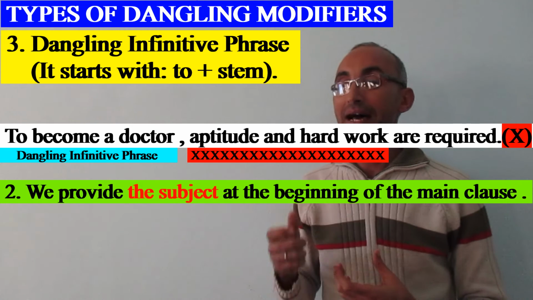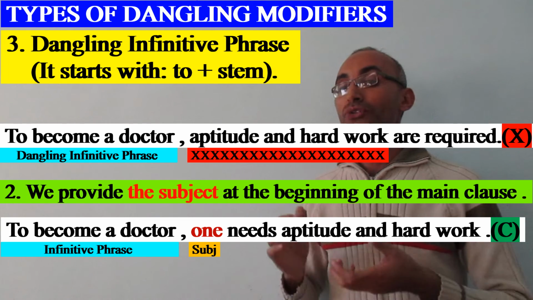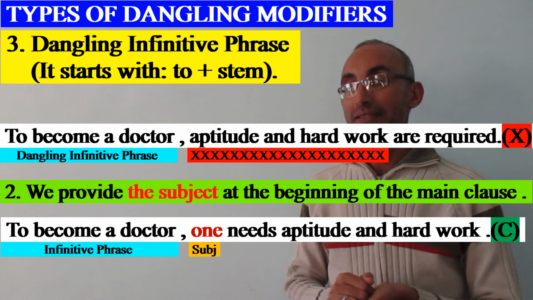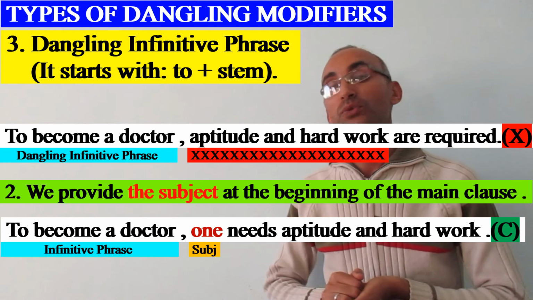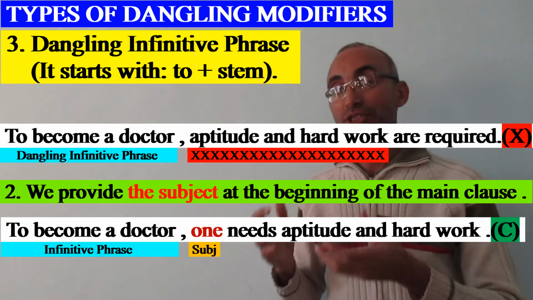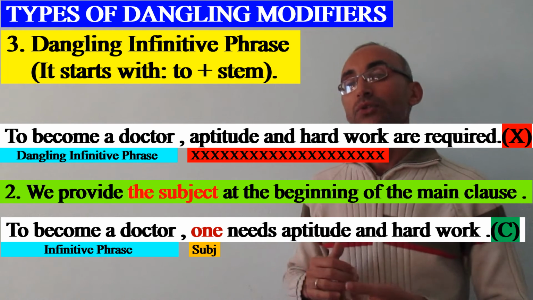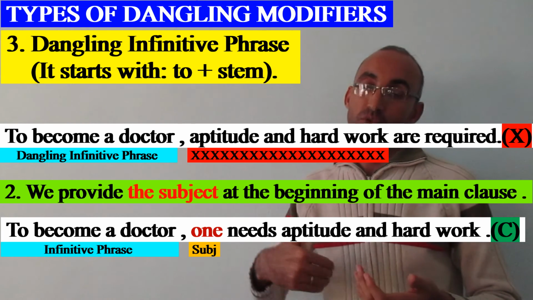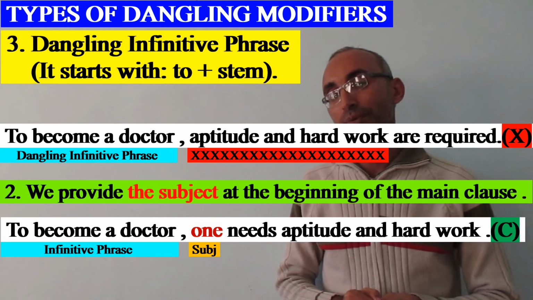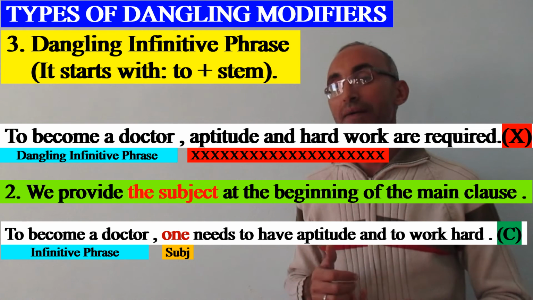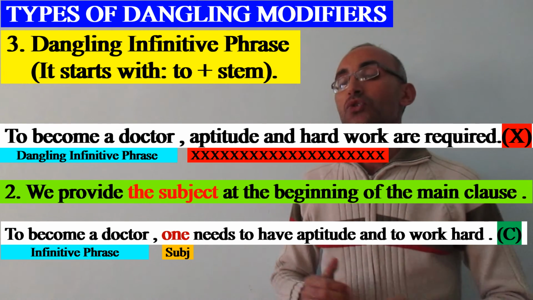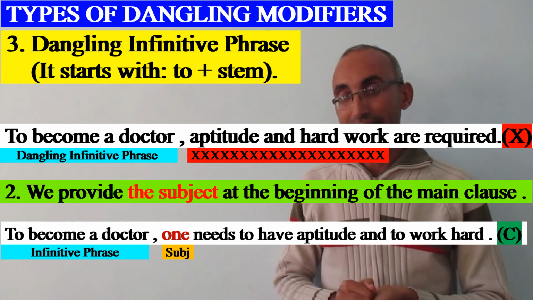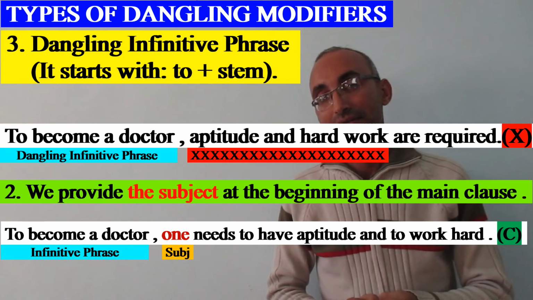And I write, to become a doctor, one needs aptitude and hard work. Or if you want to vary your sentence, you can write, for example, to become a doctor, comma, one needs to have aptitude and to work hard.